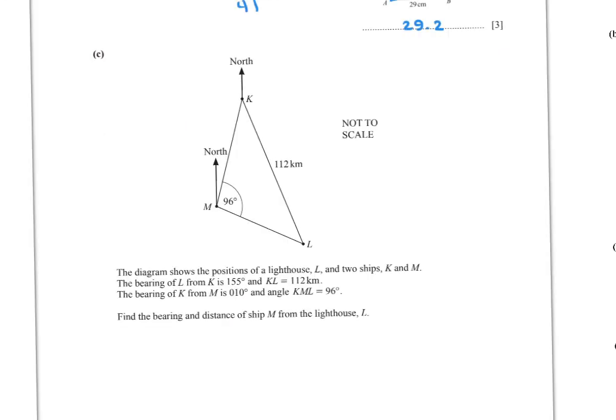Now see, the diagram shows the position of a lighthouse L and two ships K and M. The bearing of L from K is 155, so this angle is 155, because the bearing is the angle from the north clockwise.